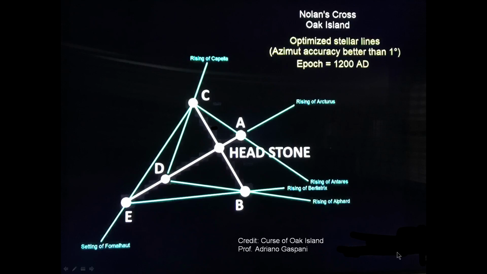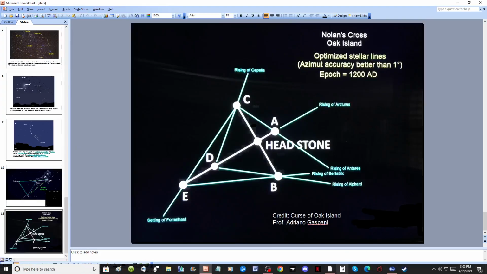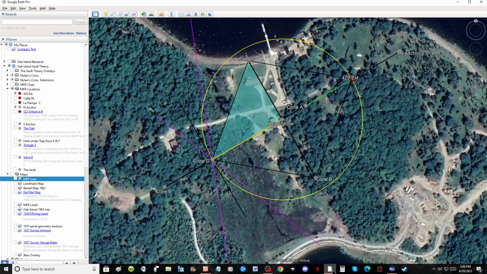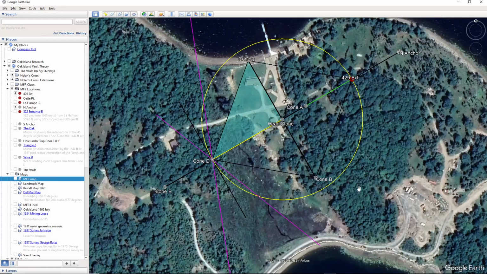And this sequence of alignments does correspond to the map from Zena Halpern, the Zena Halpern map. So if we go to Google Earth and look at this, it is basically the interpretation that I have come up with, and Olivier from Oak Island Research, who came up with the deciphering of the Oak Island map.